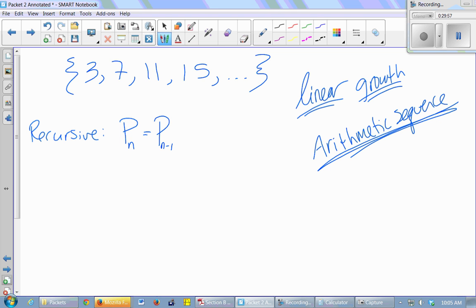And what do I do to it? Add 4. And if I wanted to calculate P sub 8, I would need P sub 7. So if you're using a recursive rule to build a sequence, you have to have at least one number to start with to apply the rule to. So you have to give the first number of the list as part of your formula.